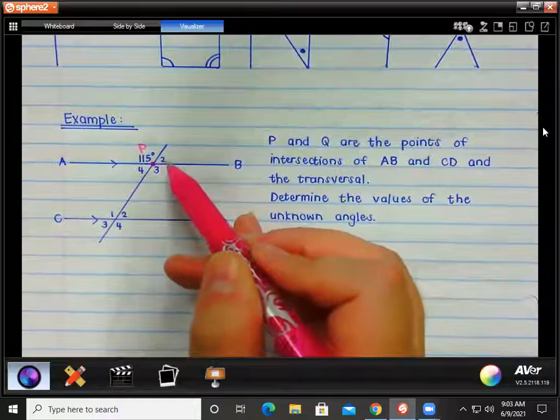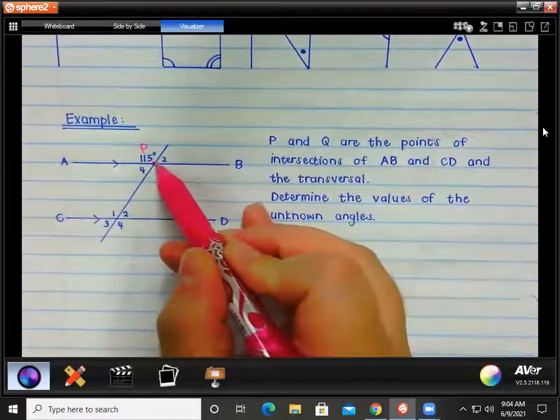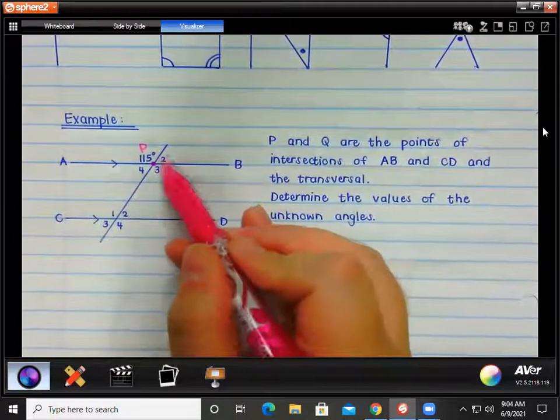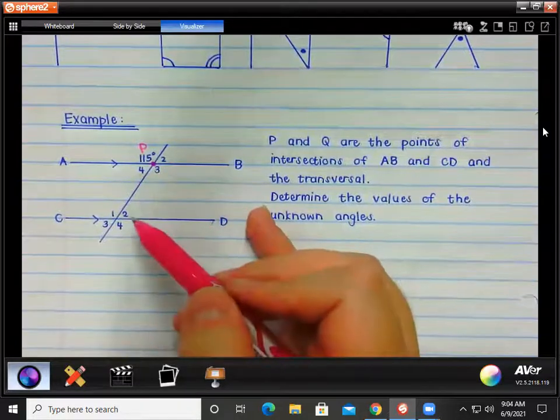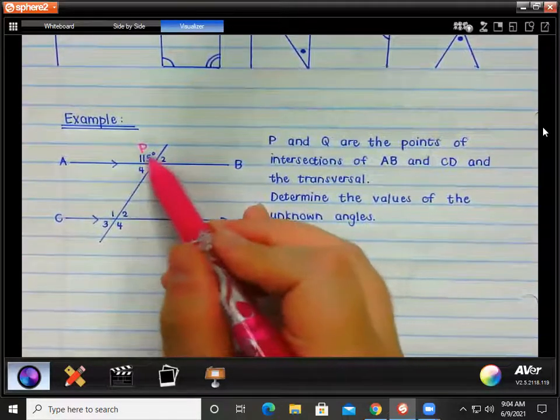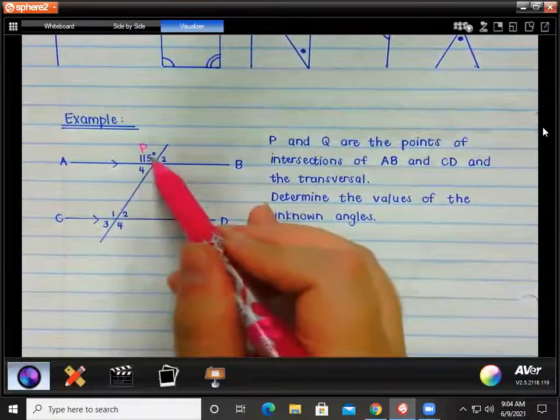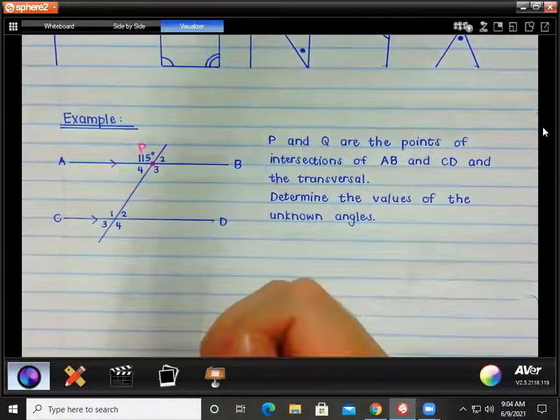That is a way for you to name the angle. So you call it the point where that angle is, and then that number. So this angle is P2, P3, and P4. We don't need to give this one a name because this one is already given. We're not going to calculate this one. But I suppose this one would be P1 if they were to give it a name. But we don't have to worry about that.